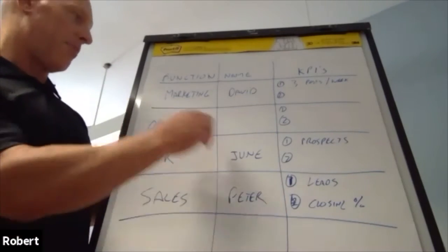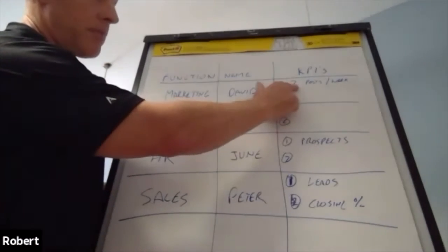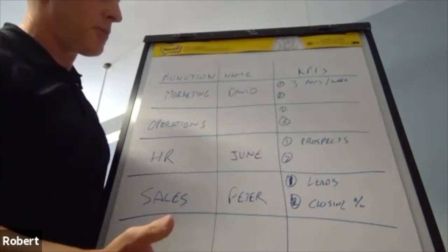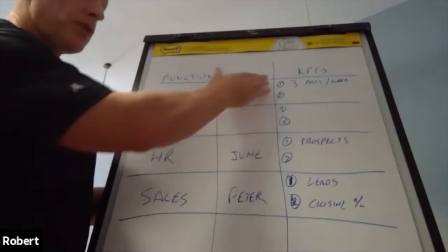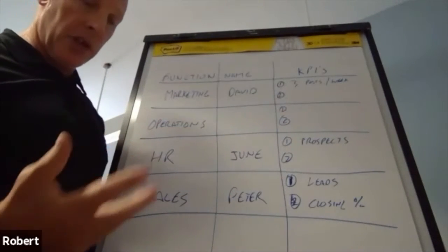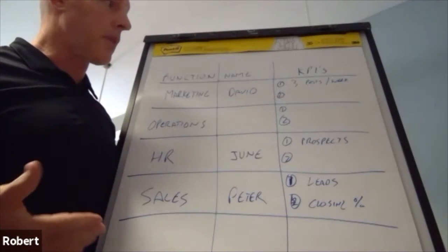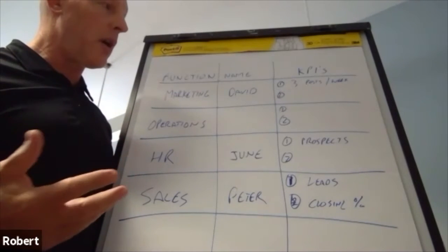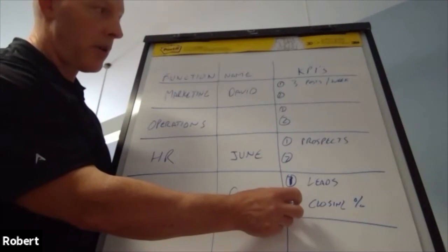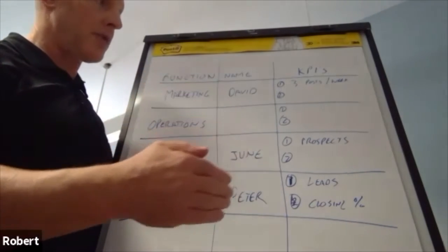For example, with marketing, one of their leading KPIs may be that they need to be responsible for 3 social media posts per week. So you go through every single function and create 1 or 2 KPIs. You have a discussion with that person to make sure they fully understand what they need to work on and what they own, and those are typically the things they will report on either weekly or monthly, to tell you if they're actually being successful in that function.